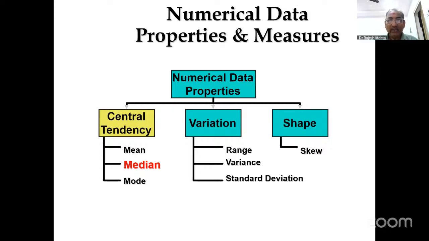In terms of central tendency, there are mean and mode also. Now we are going to talk about median. But in terms of variation, suppose in Ahmedabad you want to find out the height of the people: the lowest height is, let's say, 50 centimeters, and the highest, let's say, around 200 centimeters. That is the range, but it will not tell you much.